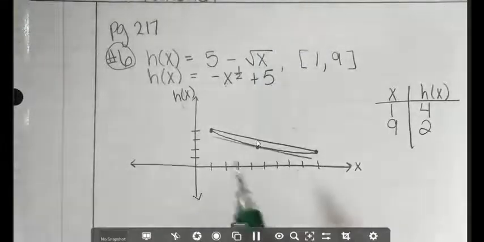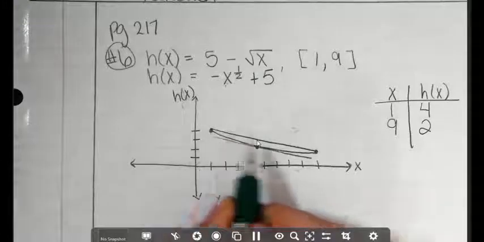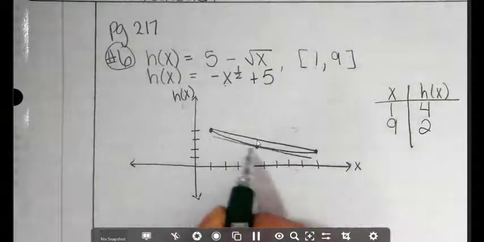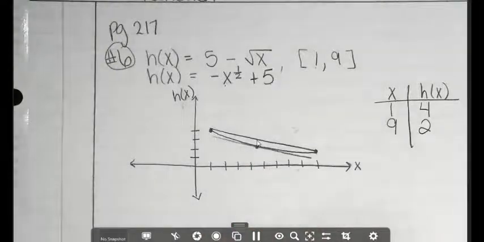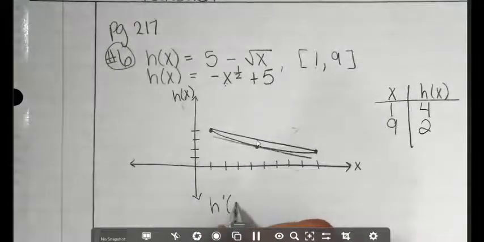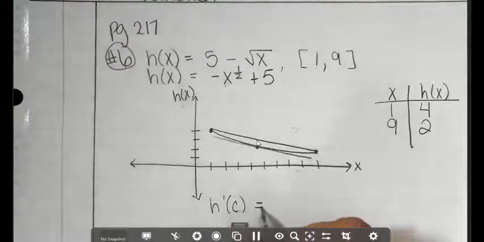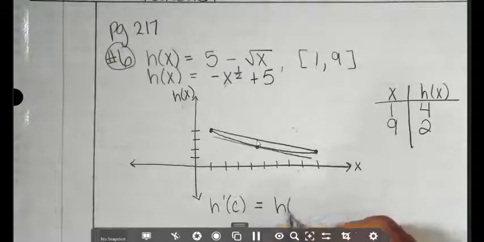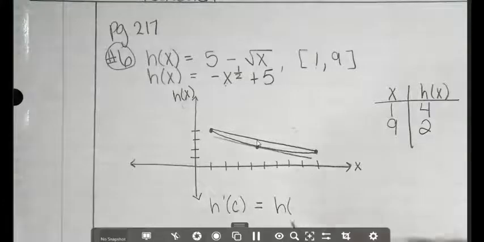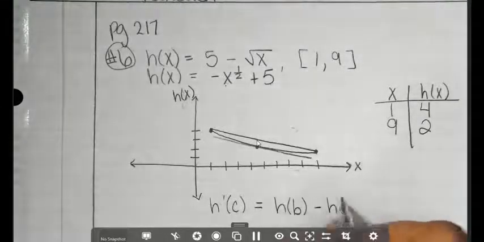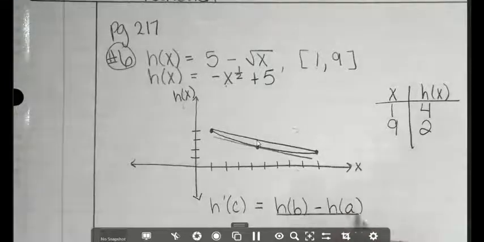So the thing that I want to do is figure out what is the slope of the secant line and what is the slope of the tangent line. That's really what I'm looking for, where h prime of c is equal to the slope, h of b minus h of a all over b minus a.